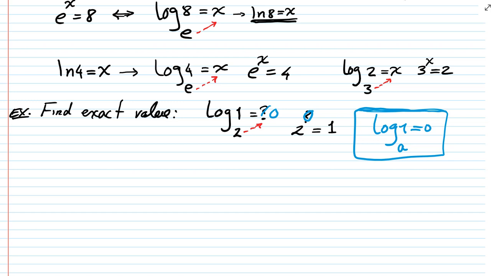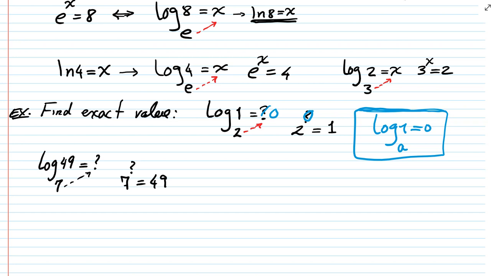Now, let's do another one. Suppose I want to again find the exact value of, let's stay with log, log base 7 of 49. We want to know what this equals. And again, by definition of logs, that means 7 to the power, to what power is 49?